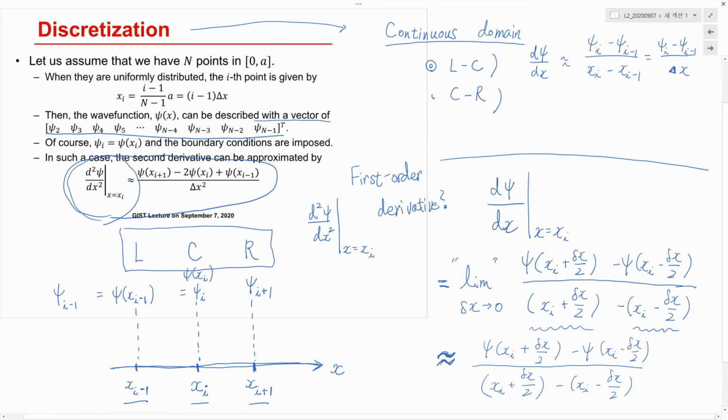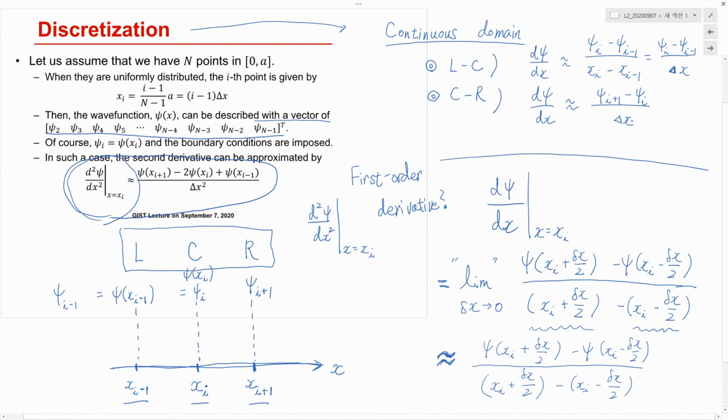Then how about between the C point and the R point? We can also easily consider it like this: psi I plus 1 minus psi I divided by delta x.